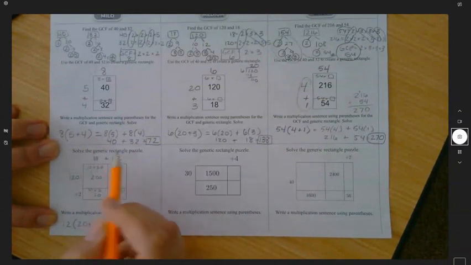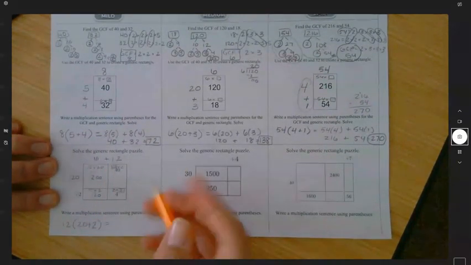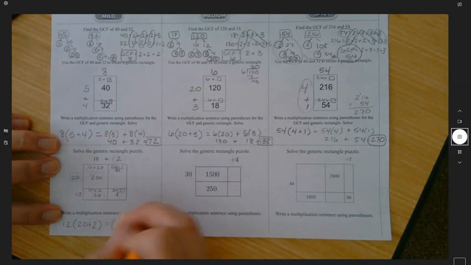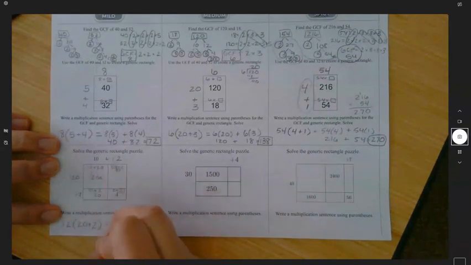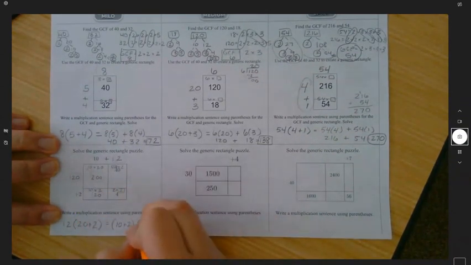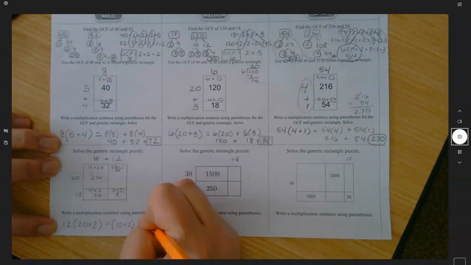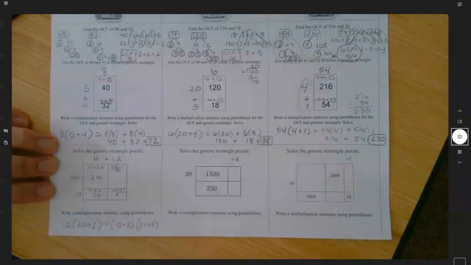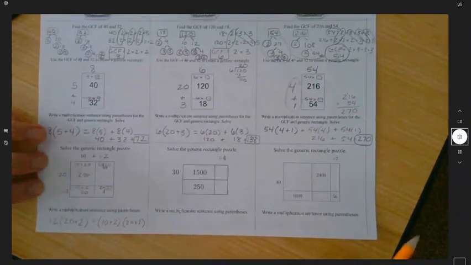Or we could also write it like this, 10 plus 2 times 20 plus 2. Either one of those would work for this question.